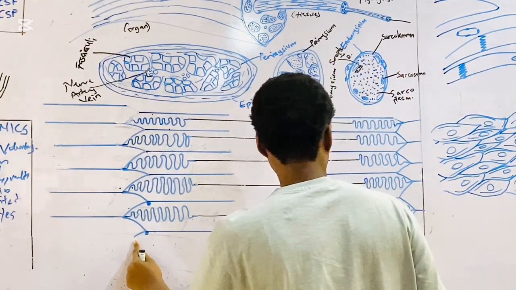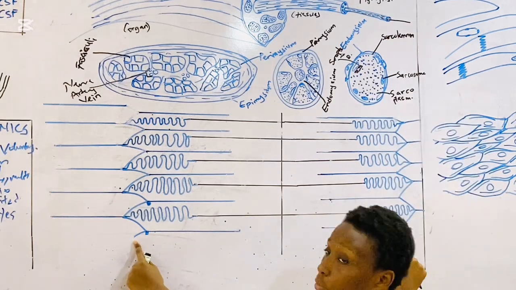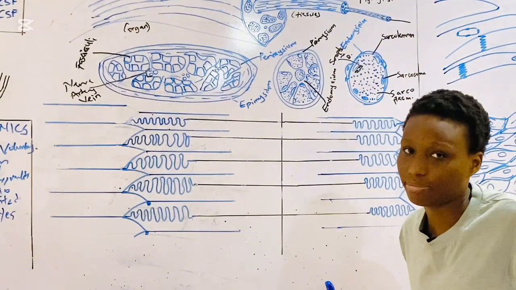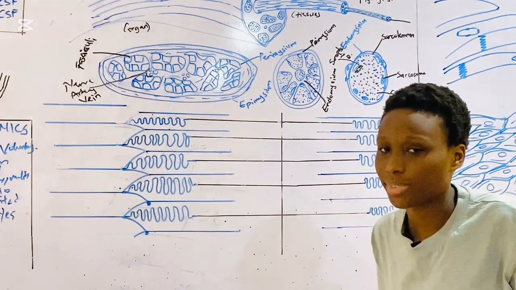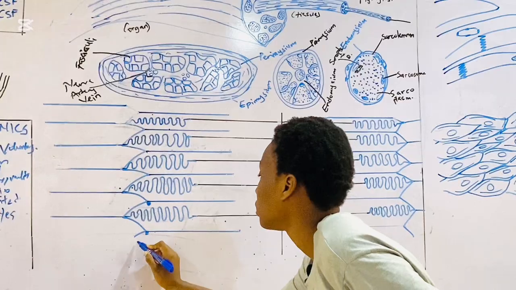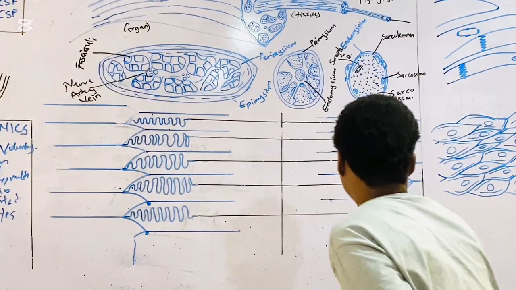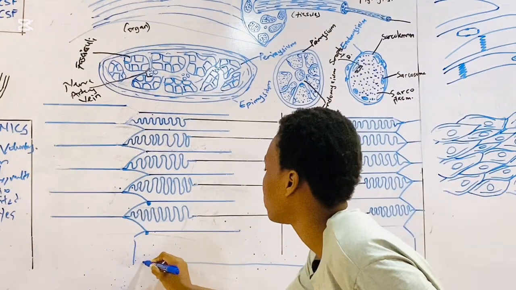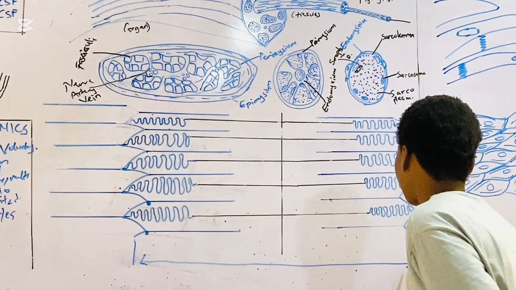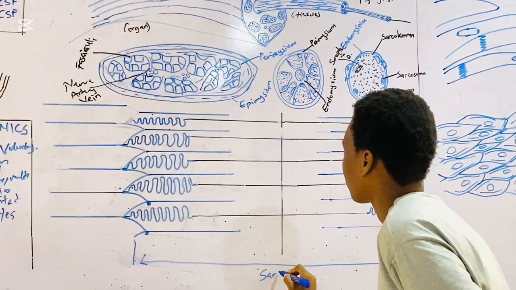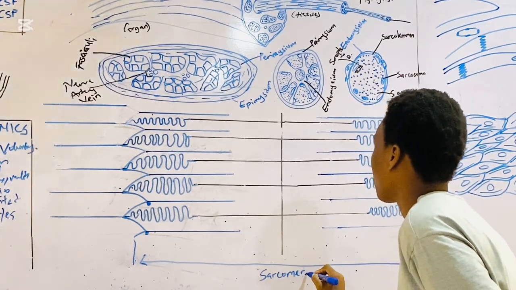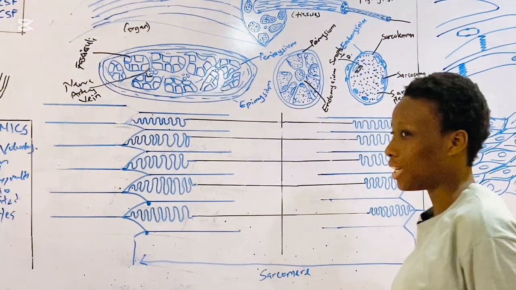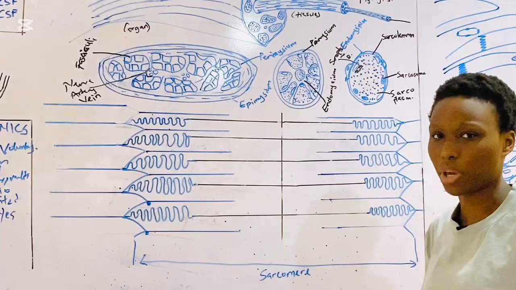From this point to this point is actually called something. It is called a sarcomere. Yes, sarcomere. Now, what is the point that we just derived our sarcomere from?